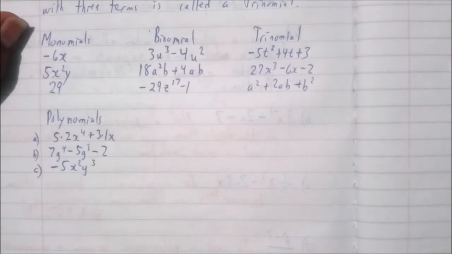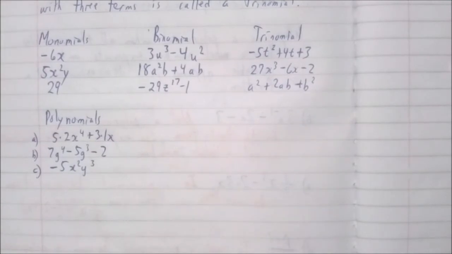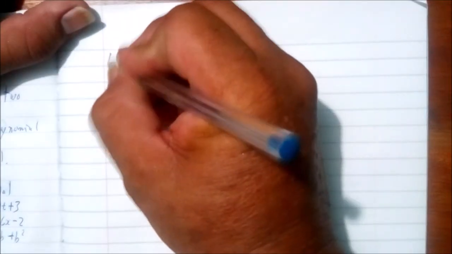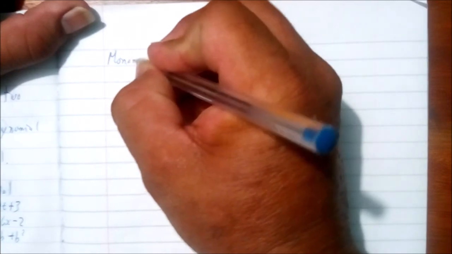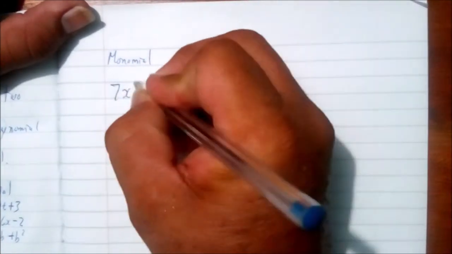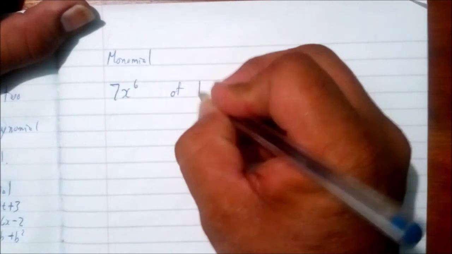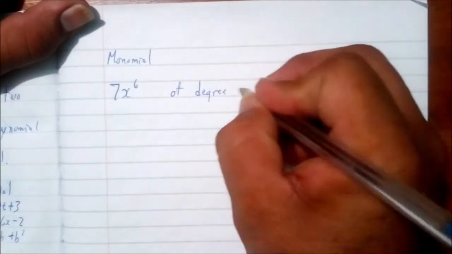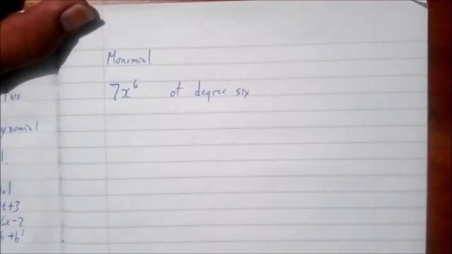All right. Now let's start to classify them with their degrees. You just have to remember some very basic rules. If I give you a monomial 7x to the 6, this is a monomial of degree 6.